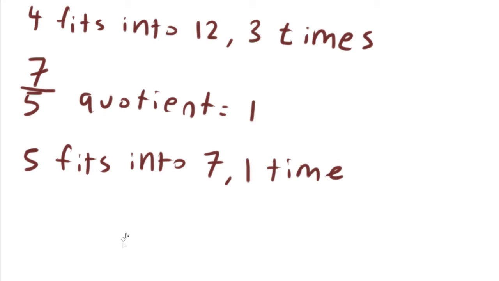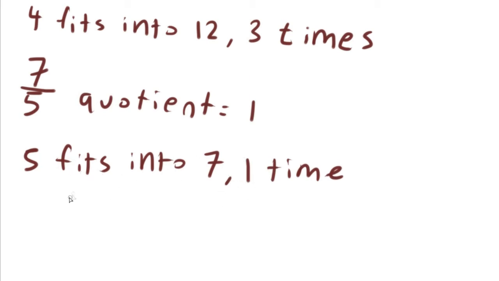For instance, how many cars fit in this parking space? 1.5. Well, that's not helpful. If it's more than 1 but not 2, it might as well be 1, because you're not going to fit another half a car in there. How many babies fit in that stroller? 2.3. Doesn't matter. Might as well be 2, because no one's going to cut up the baby into 3/10 to make it fit perfectly. So that's the type of situation where we're going to think with only whole numbers.